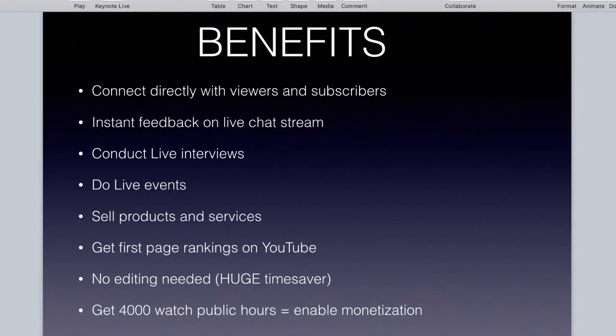And then after your live stream is finished, if you've optimized it correctly, you can get first page rankings on YouTube, and you could even get first page rankings on Google if you follow the right optimization steps.